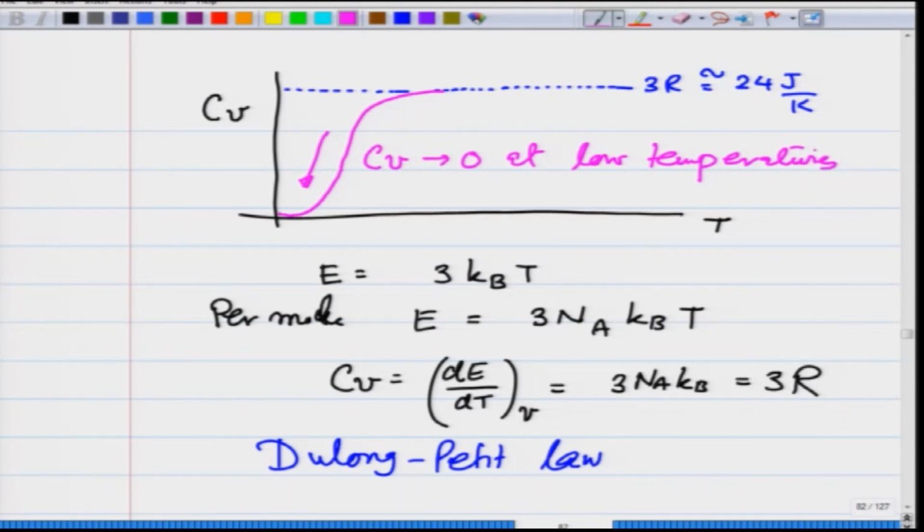Which is in conflict with classical mechanics or the classical equipartition theorem, and therefore, one has to bring in quantum mechanical treatment, and that is what explains the Cv going to 0 at low temperatures. This was initially done by Einstein, and this gave a lot of support to the theory of quanta proposed by Planck. So, this has this historical importance also.